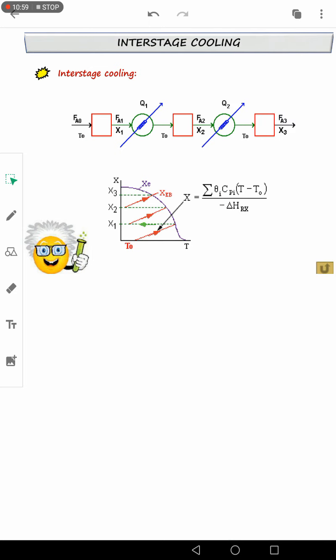Next slide. So ini contoh apa yang dikatakan interstage cooling. Contohnya you ada different reactors in series, and between reactors ni ada cooler. Okay, bila ada cooler, of course dia akan melibatkan the heat transfer. So from here actually nanti kita akan plot between X versus T. Kemudian kita akan plotkan X equilibrium kalau equation itu adalah reversible.